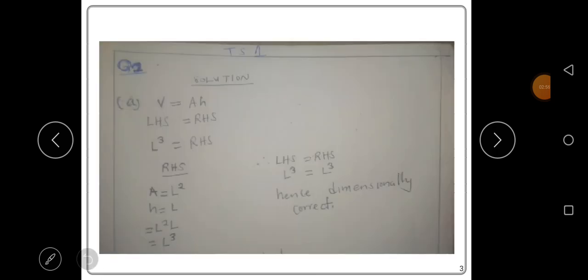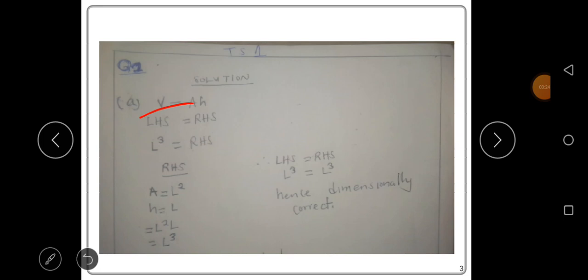So this is our equation. V is equal to AH. So like we've said, for the equation to be dimensionally correct, left hand side must equal right hand side. So this is a statement that has been written here. LHS, left hand side, is equal to right hand side. So we are dealing with the dimensions of both sides.